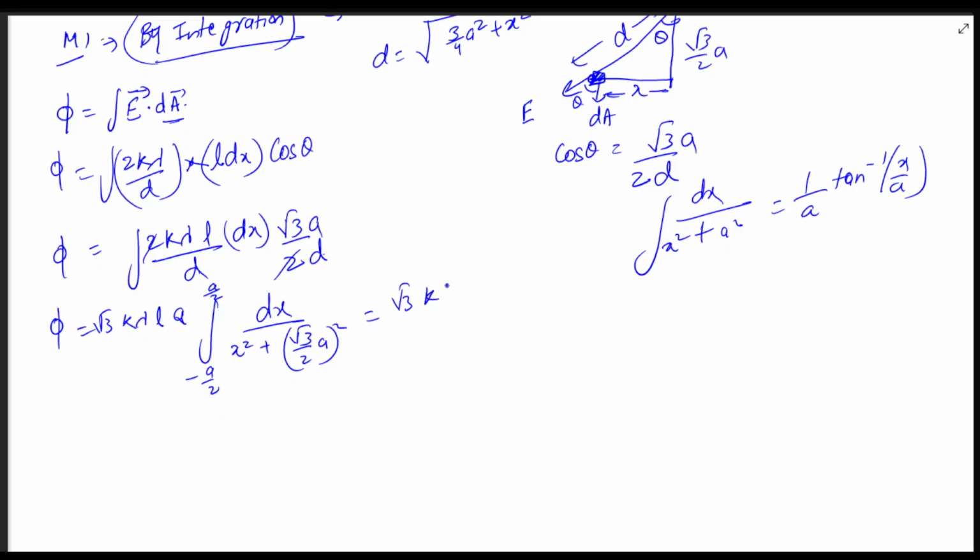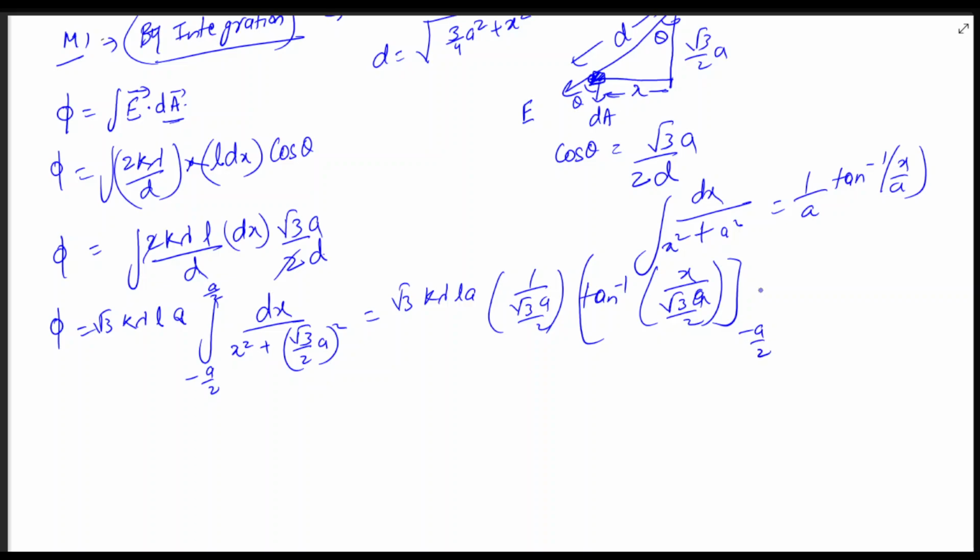So root 3 k lambda a times 1 by root 3 a by 2, tan inverse x upon root 3 a by 2, right? And we have to put the limit here, minus a by 2 to plus a by 2. Okay, perfect.